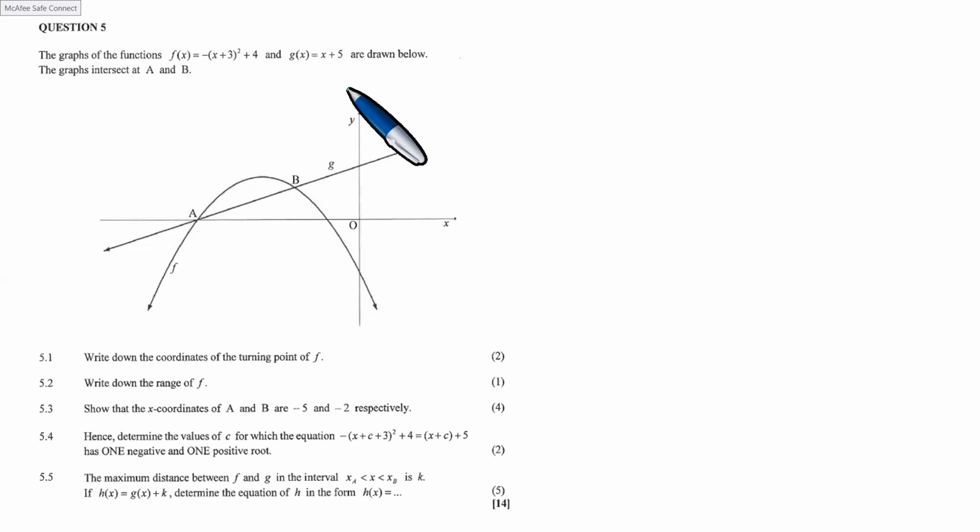You have been asked to do a couple of things. Here's the full question, but I've broken it down into digestible pieces. We are going to look at the first one, 5.1, and then the next one, and so on. Let's look at 5.1.